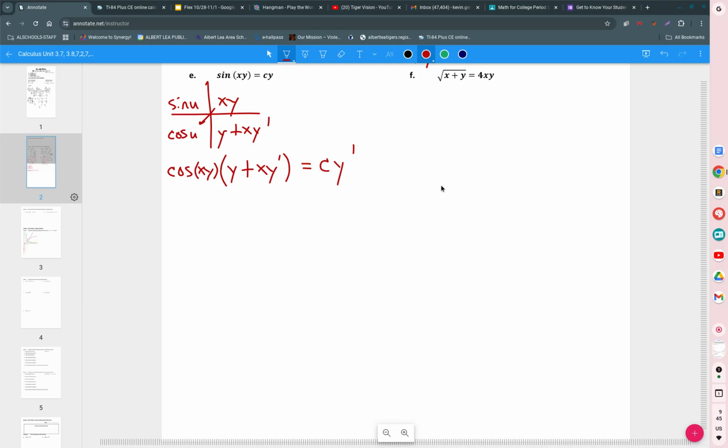Yeah. So we will have a y cosine of xy plus xy prime cosine of xy is equal to cy prime. This is where we lost.